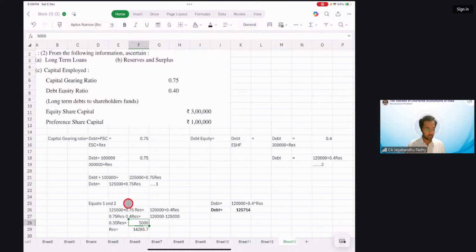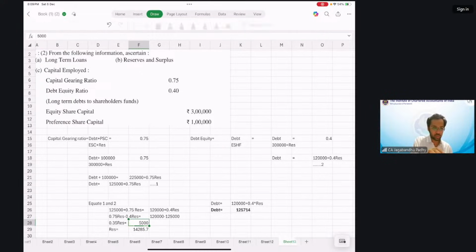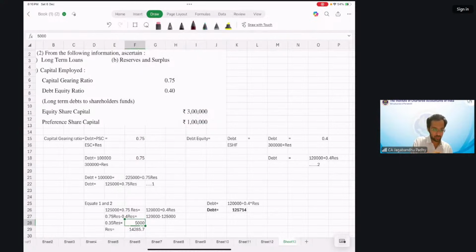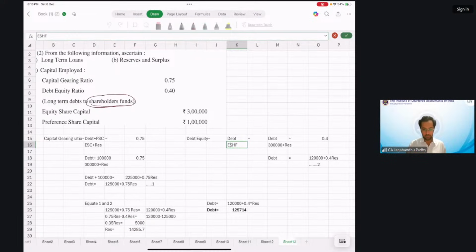We had this 0.75 as what? 1 lakh plus debt upon 3 lakh plus reserves is 0.75. Okay, so there was this mistake, guys, because the question clearly stated we have to take shareholders' funds. When you say shareholders' funds, it includes even the preference shares. So I need to consider the preference share capital also here.